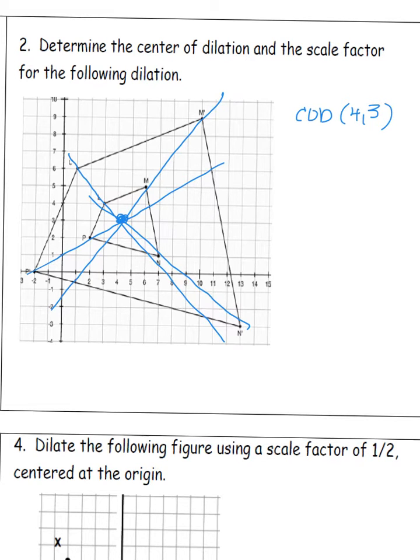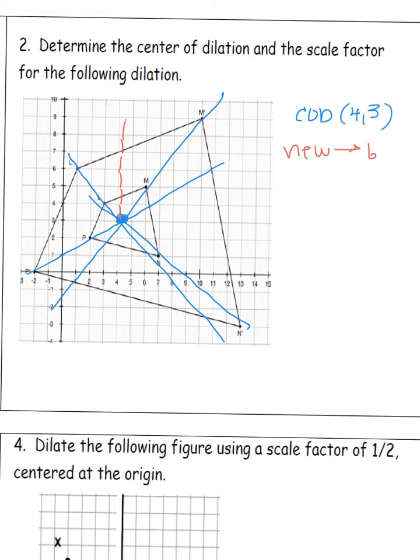Okay, next I'm going to pick a letter, and really the letter that I pick is not too important. I just need to stay consistent. So I'm going to choose M, and so I'm going to go to M prime first, which is the new. And to get to the new M, I got to go up 1, 2, 3, 4, 5, 6.